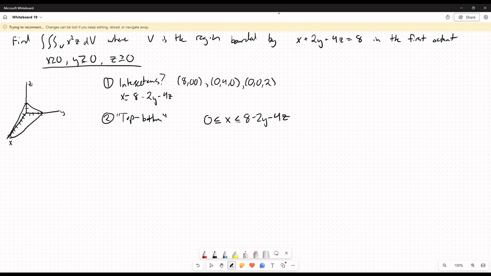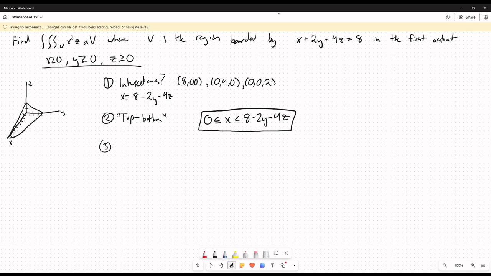And it has to be less than this plane, the thing that we just solved for. So we have our first inequality. Bottom was 0 because we're in the first octant. Top was our plane when we solve for x. So we got that.